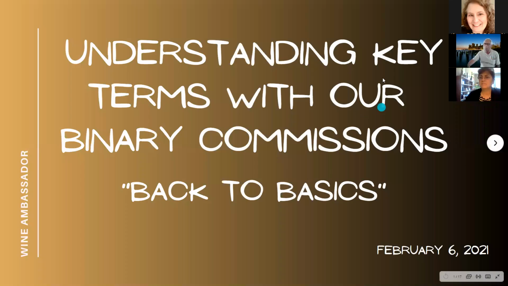All right. So everybody, what we have with both Wine Ambassador and with Velovita is that they are binary commission structures, meaning there are two legs. And Rory also always talks about the power of 10.